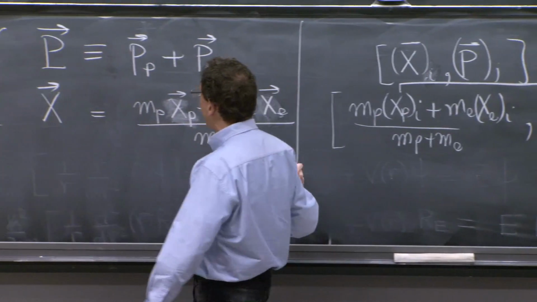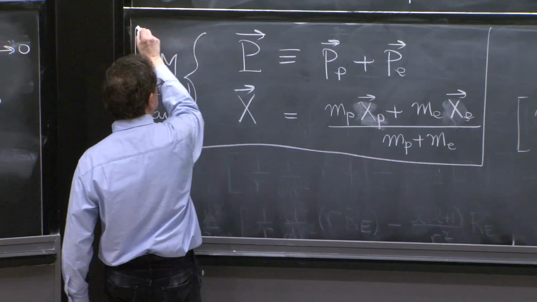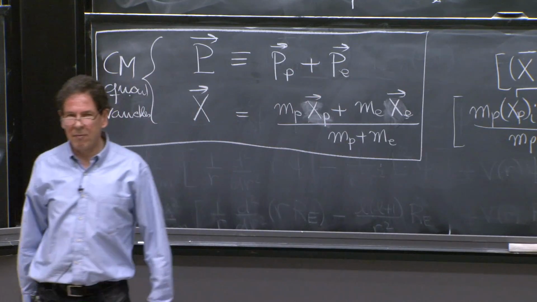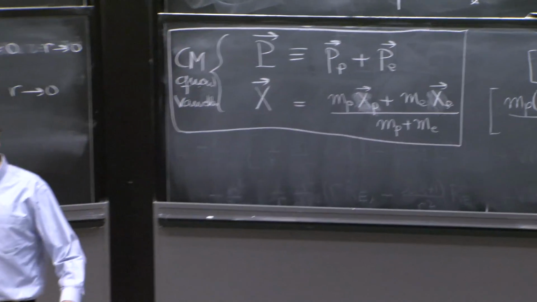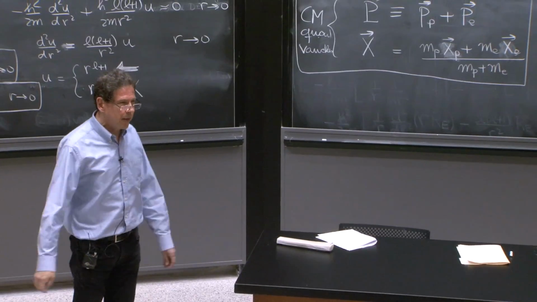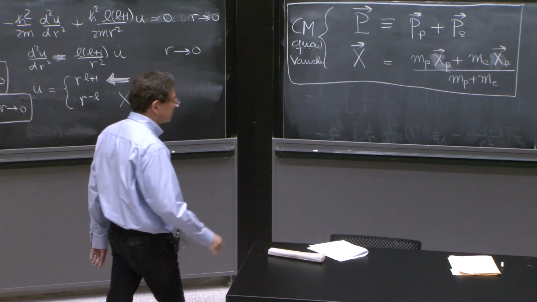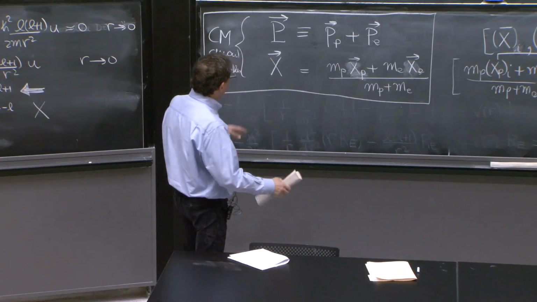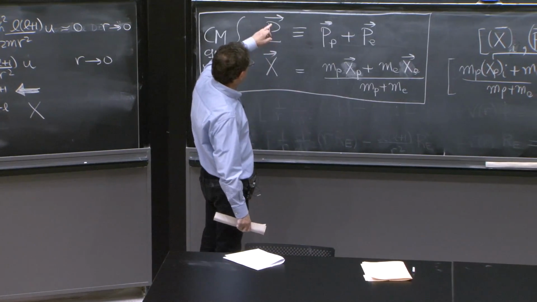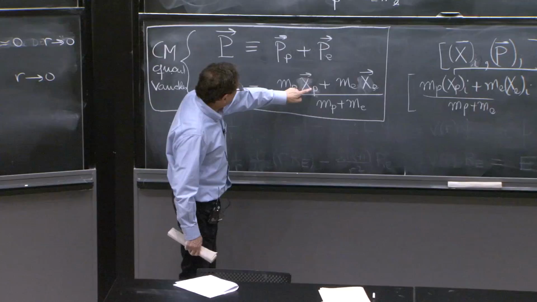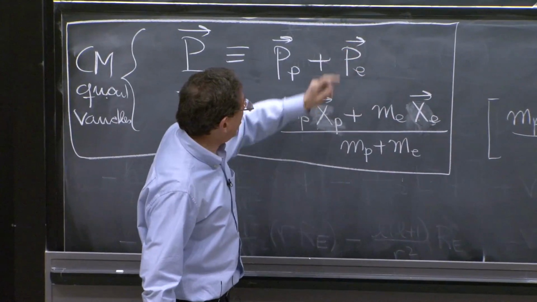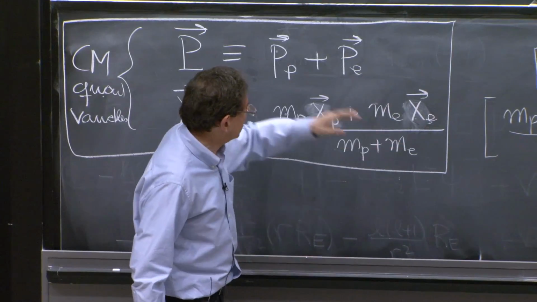This is a pair of quantum mechanical canonical variables. They have the right commutator. They have the right units, the right commutator, the right everything. So next time when you see this, you will say X with P. You say x_P with P is 1, x_E with P is 1, m_P plus m_E over m_P plus m_E is 1.